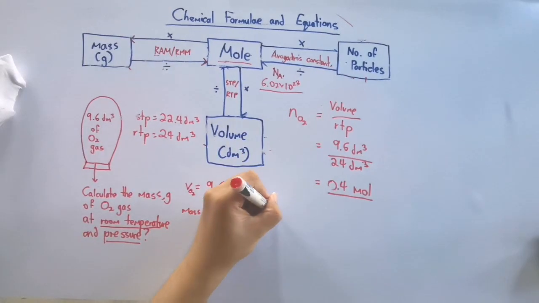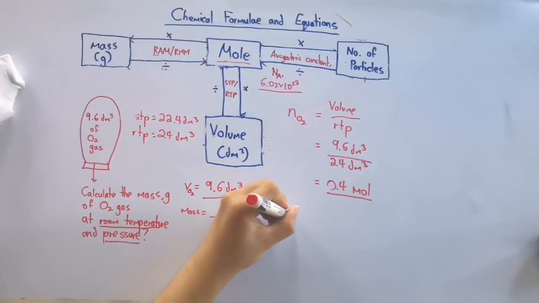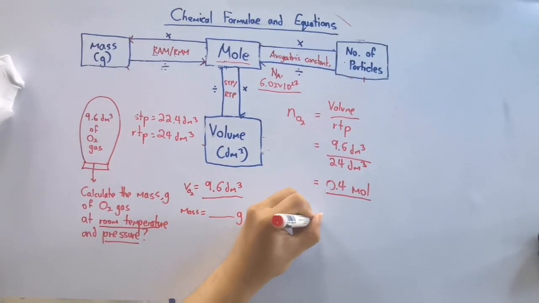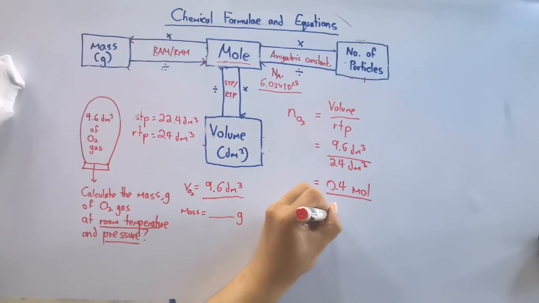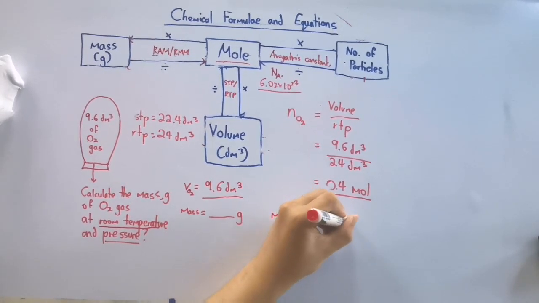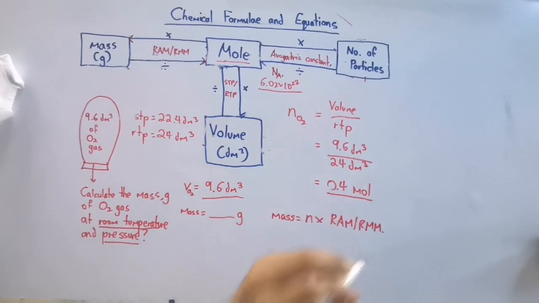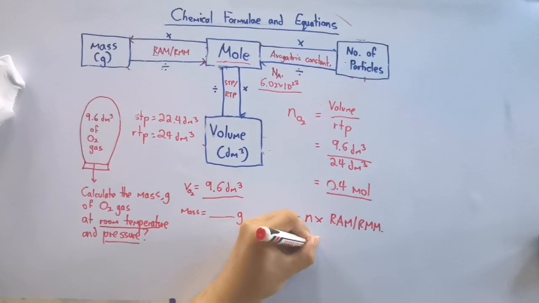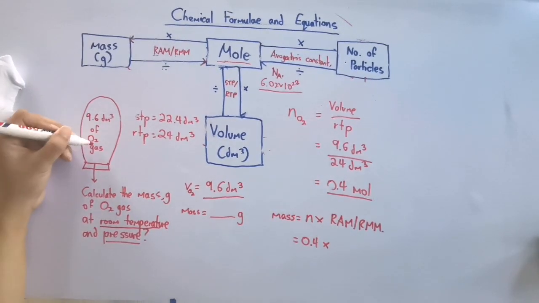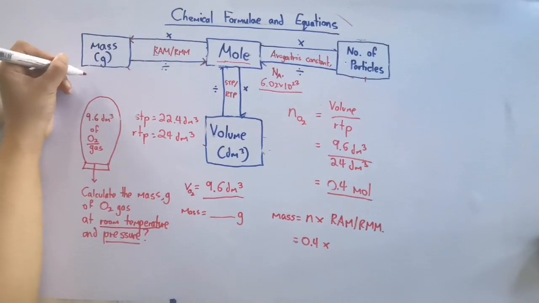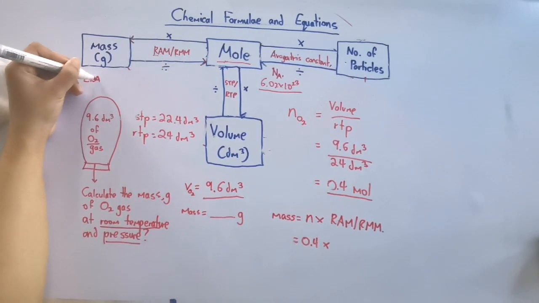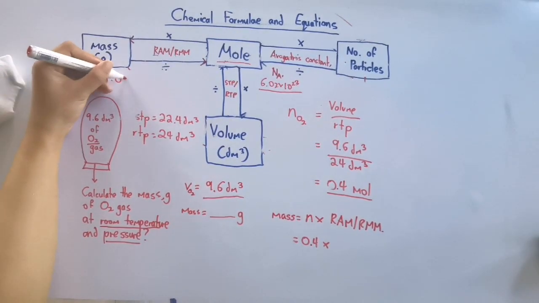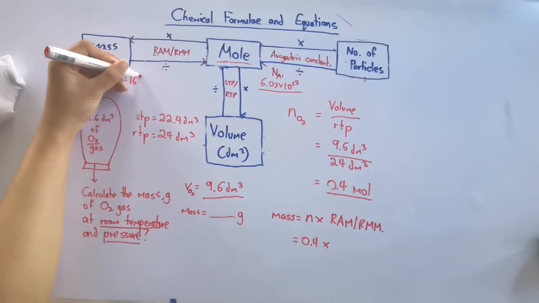Now that you have the mole, can you calculate mass? No problem. To get the mass, we will take the number of mole of a substance and multiply with the relative atomic mass or relative molecular mass. So we go 0.4 times. Now, we are talking about oxygen gas, people. The RAM of oxygen is 16.